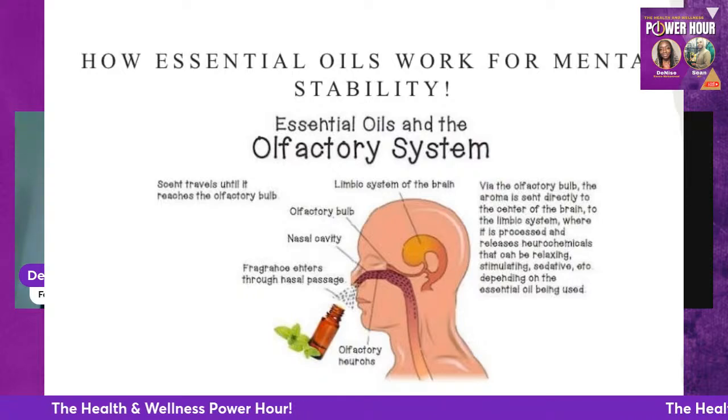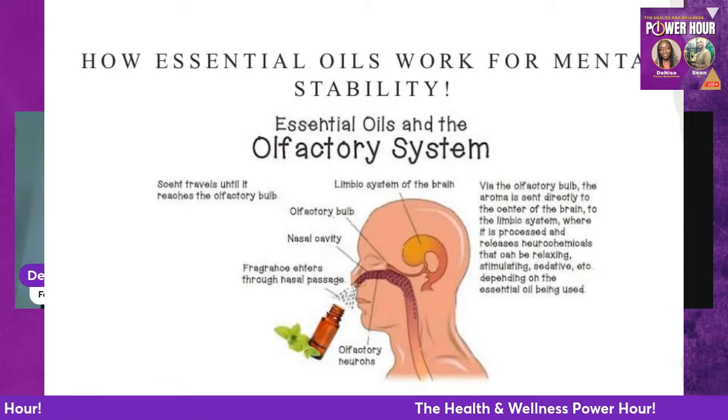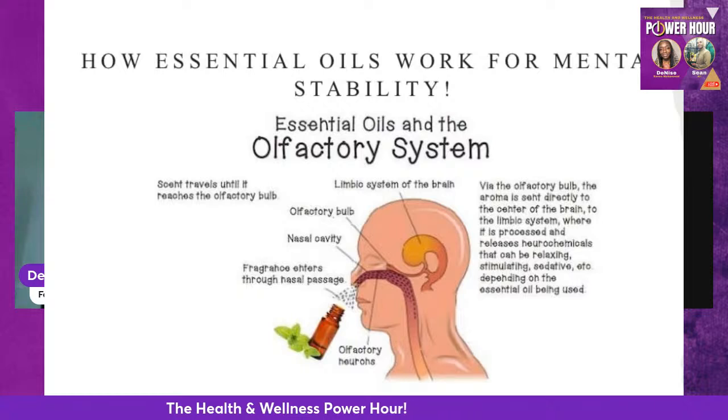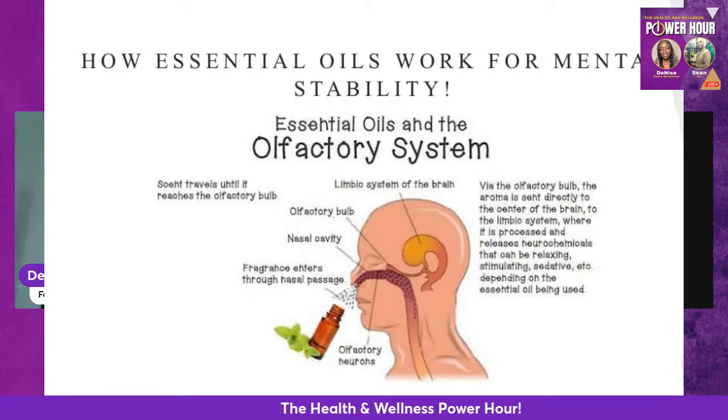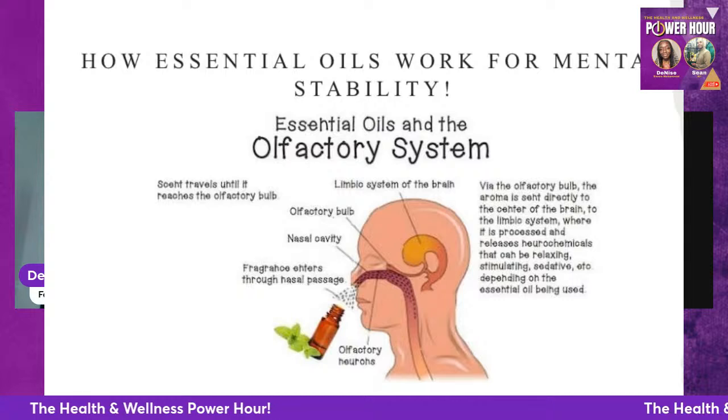So this is how essential oils work for mental stability. This is your olfactory system, and as you can see, the molecules from the essential oils go through the olfactory bulb, and then go directly to the limbic system of your brain, which is your emotional center.